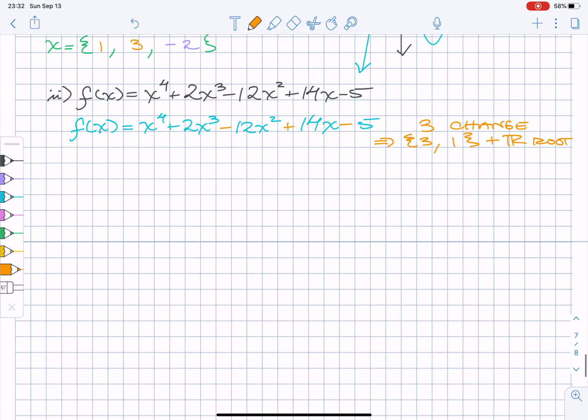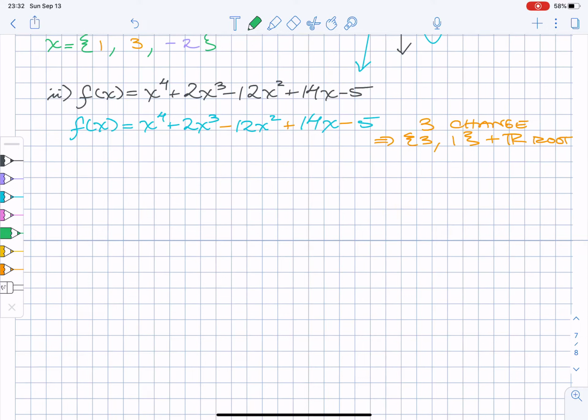Okay, now let's look at f at negative x. So x to the 4th is still positive. x to the 3rd will be negative. Okay, squared will still be what it is. So negative 12x squared is going to change the sign on the 14, so it'll be negative 14x and minus 5.